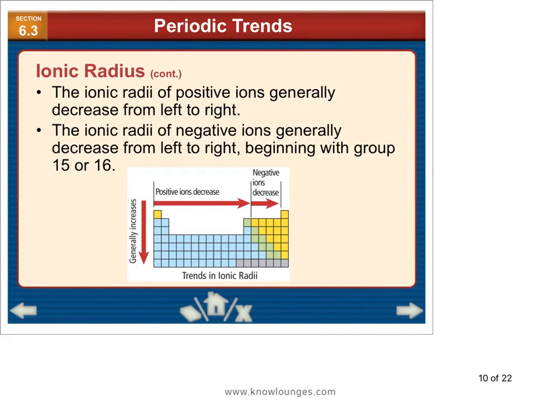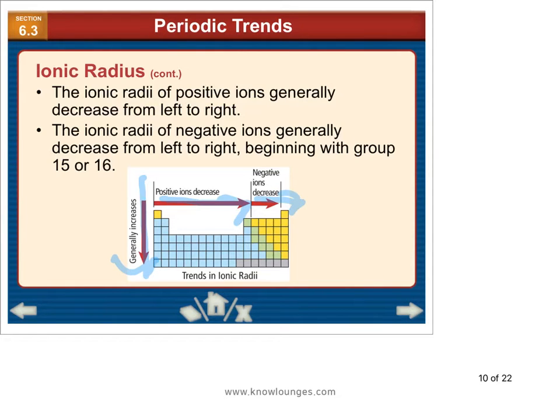So here we have somewhat different looking trends, but as we go down, ions tend to get bigger. As we go across on the left side of the periodic table, our ion size decreases while we're in the metals, but then when we get over into the nonmetals, the negative ion size decreases too.